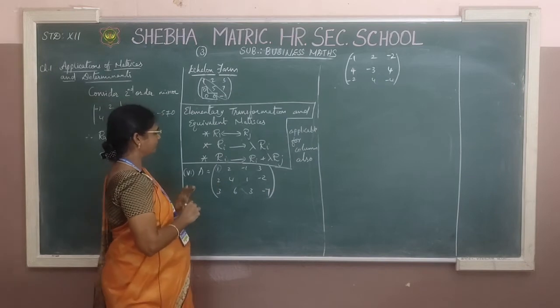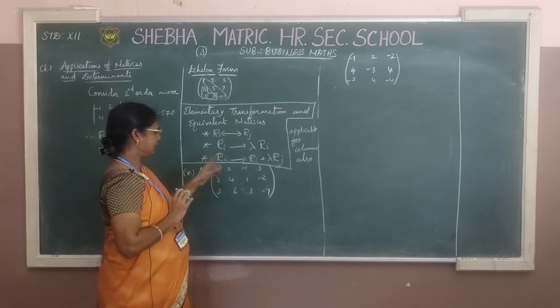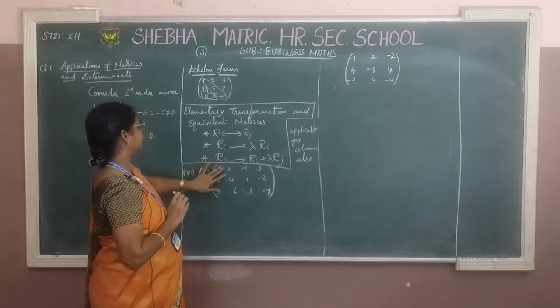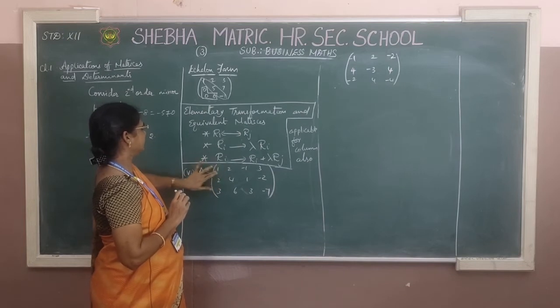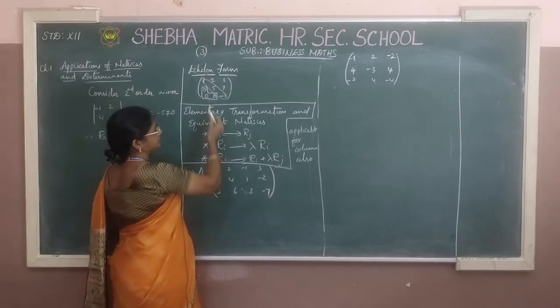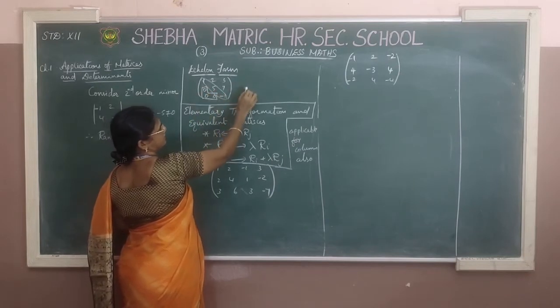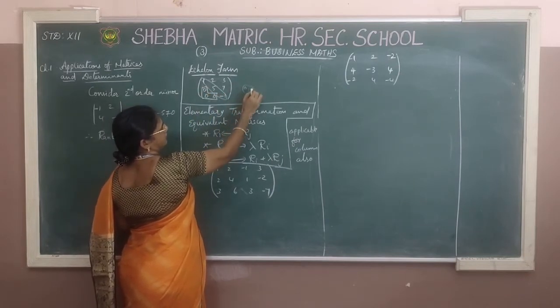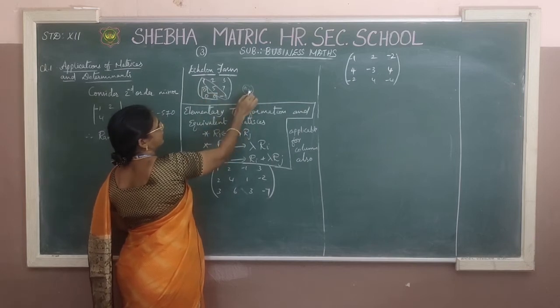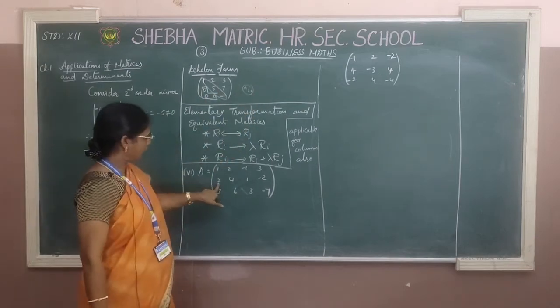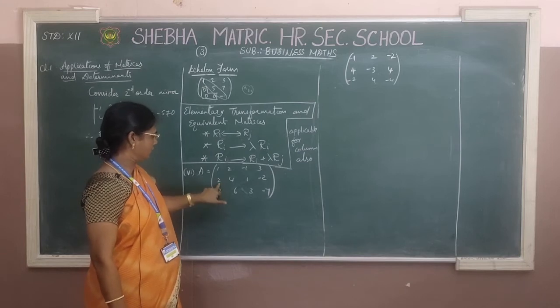Okay. In this problem, here it is given 1 in the A11 place. So, in the next step, listen, we have to change the second row first column, that is A21 element. We make this A21 element to 0.